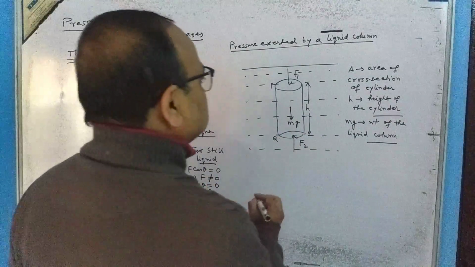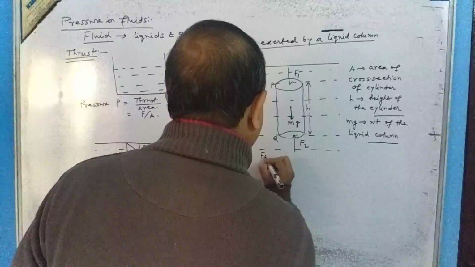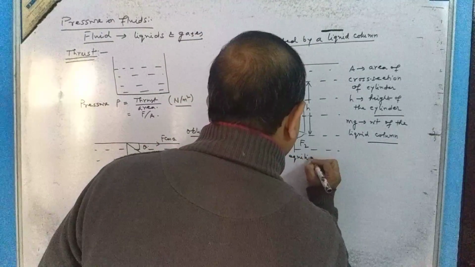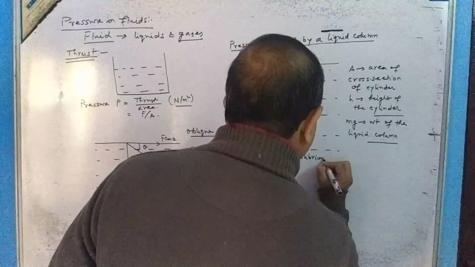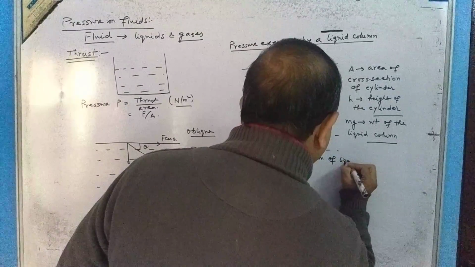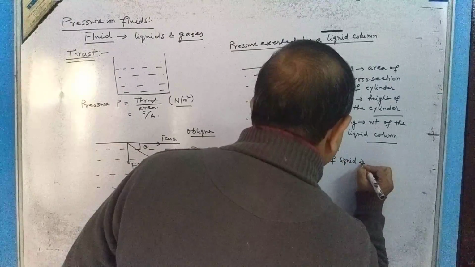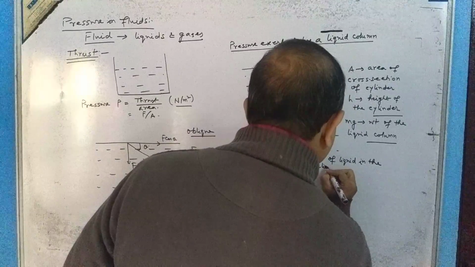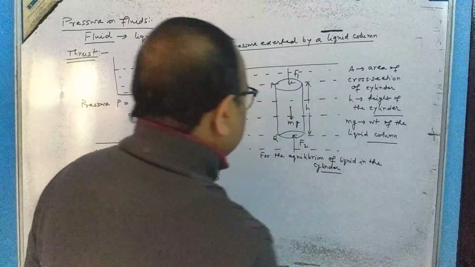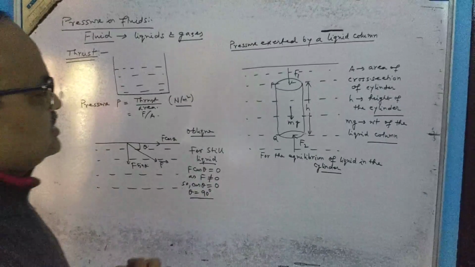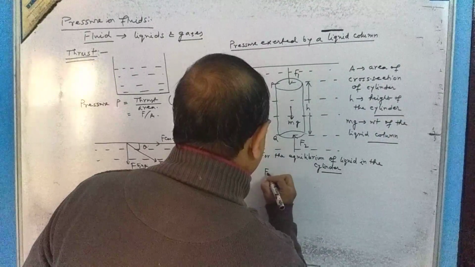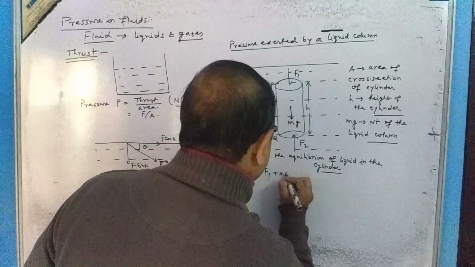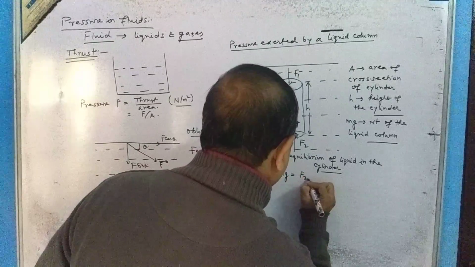Then what will happen for the equilibrium of the liquid in the cylinder? F1 plus mg should be F2.